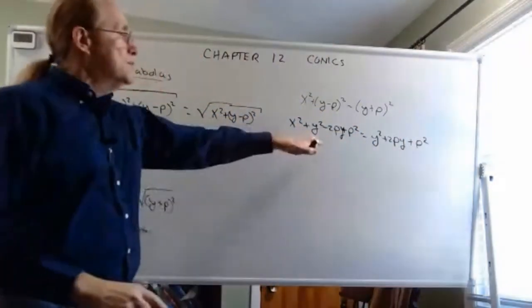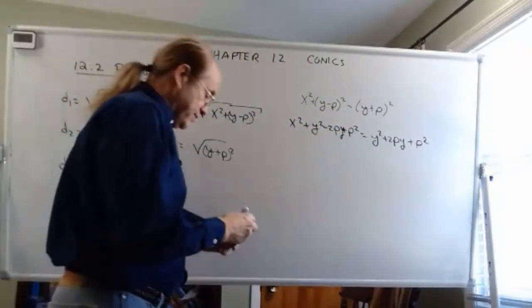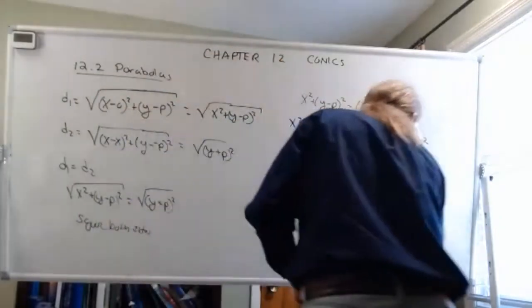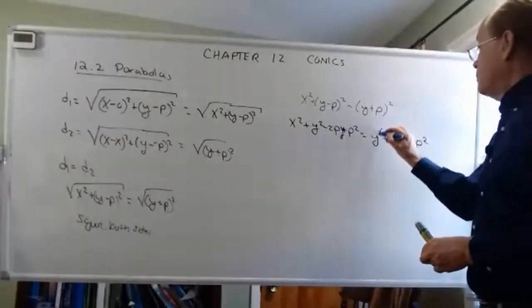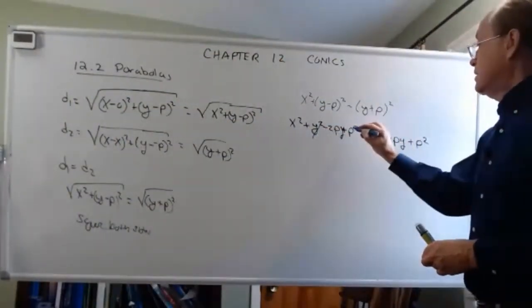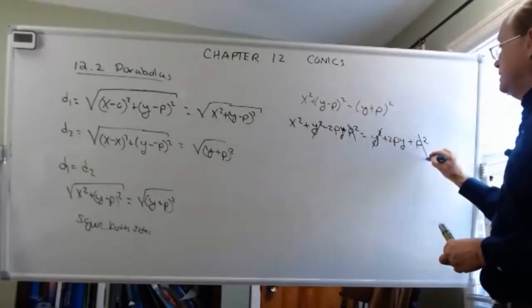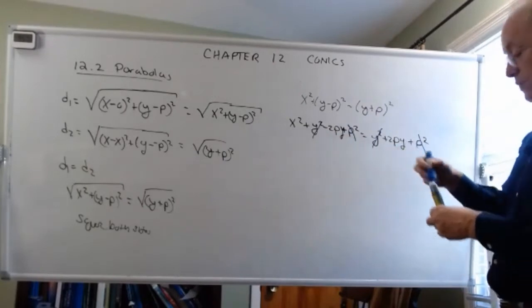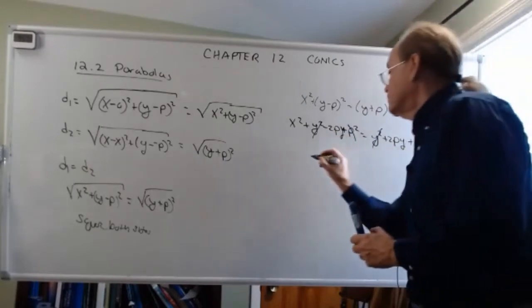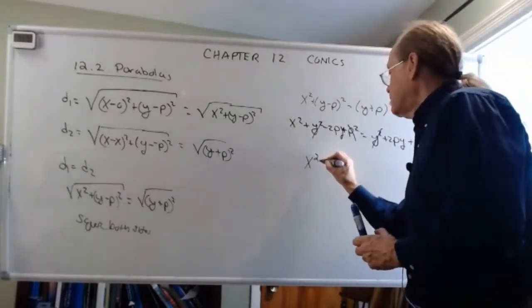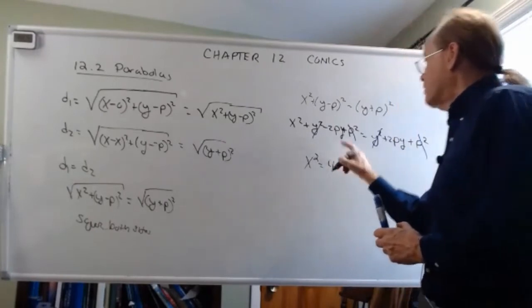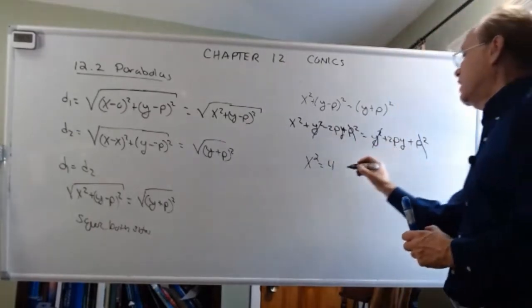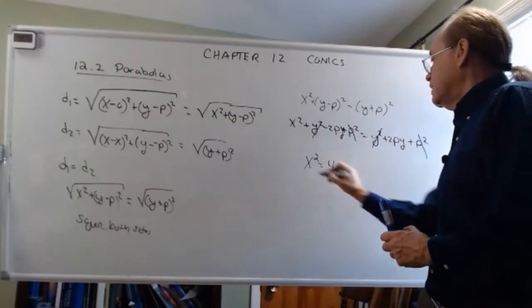So x squared minus 2py plus p squared. Then you can see what happens over here. Y squared, p squared, p squared. And then I can add 2py to both sides, and this simplifies to x squared is equal to 2py plus 2py gives me 4py.